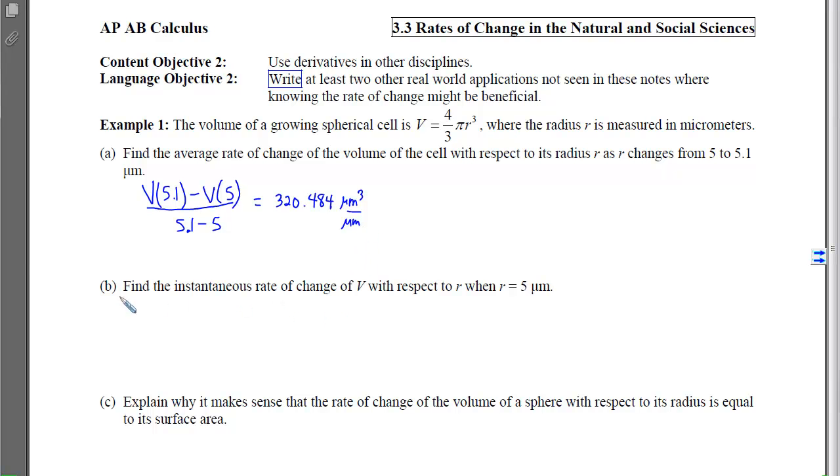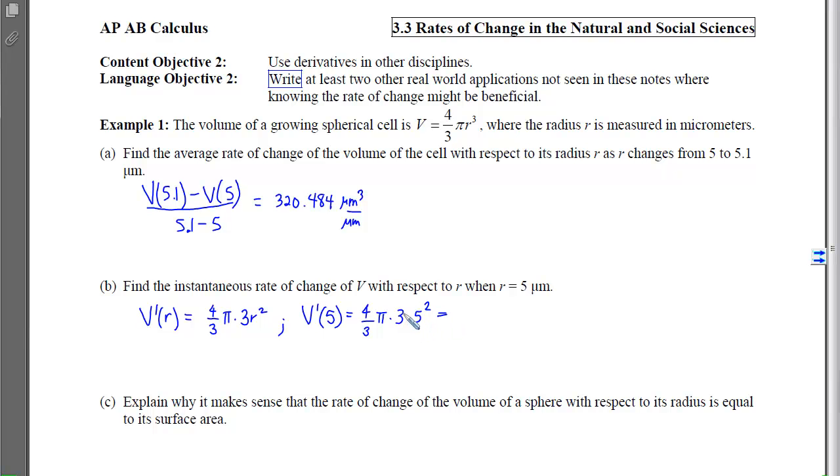With part B now, we want to find the instantaneous rate of change of V. So in this case, we're looking at V prime of r, and then we'll plug in the 5. So I've got to take the derivative of this, which means I move through the constant, and then I hit the power. If I now want to evaluate this at 5 micrometers, that means I'm going to plug in a 5.